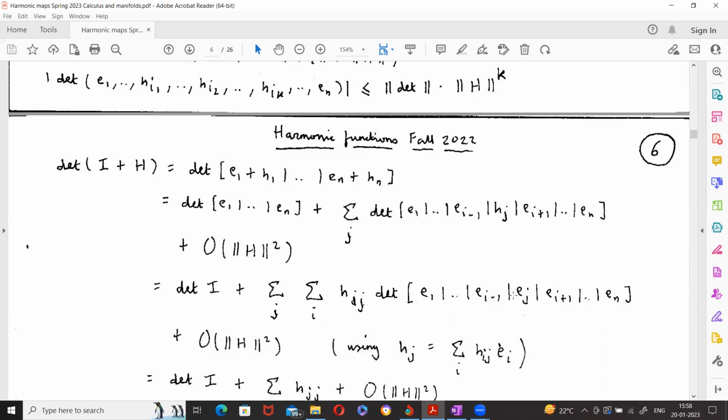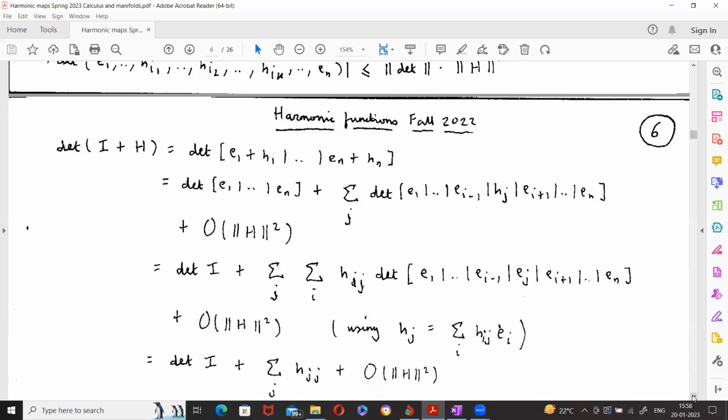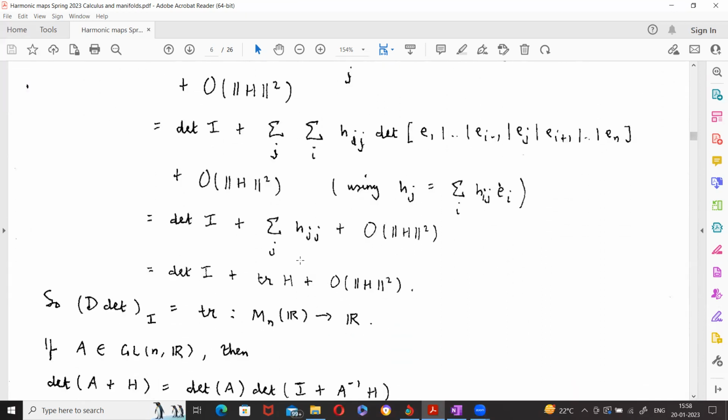So the only terms which remain are when i equals j, where you just get Hii times 1. You get the sum of Hjj, in other words, the trace of H. So you get the determinant of I plus trace H plus big O of norm H squared, which is a little o of norm H. That means the derivative of the determinant at the identity is nothing but the trace, this linear map. This will be useful later when we talk about change in volumes and infinitesimal change in volumes.